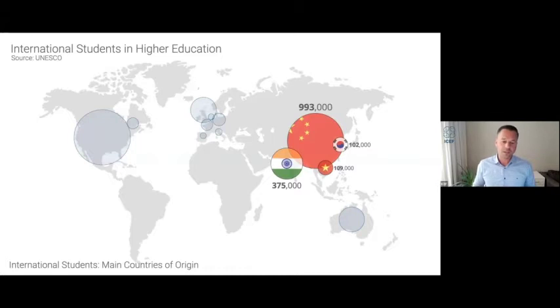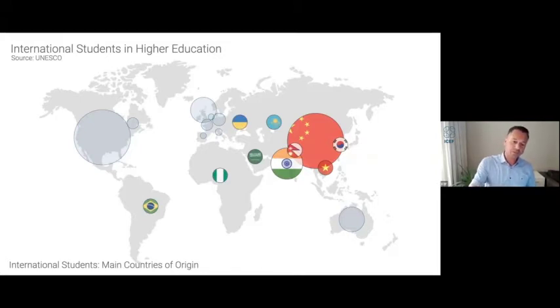Completing the top 10 source countries are Brazil, Nigeria, Saudi Arabia, Ukraine, Kazakhstan, and Nepal, and it's worth mentioning further countries that, based on these 2018 UNESCO statistics, have crossed the 50,000 mark of students studying overseas: Colombia, Morocco, Turkey, Russia, Iran, Pakistan, Bangladesh, Malaysia, Indonesia, and surely many more countries will follow in the near future.